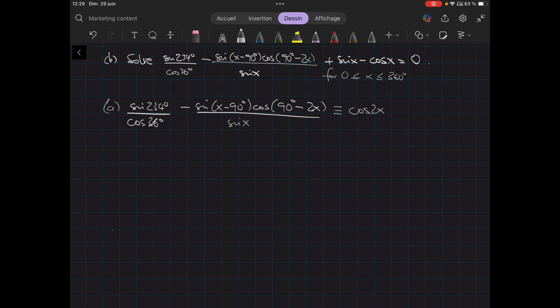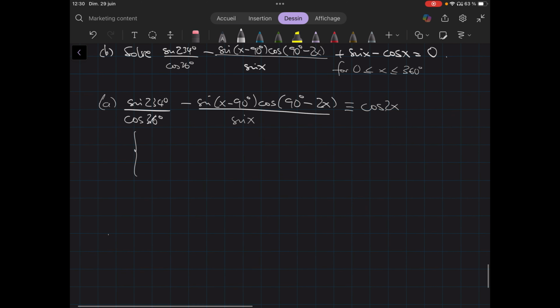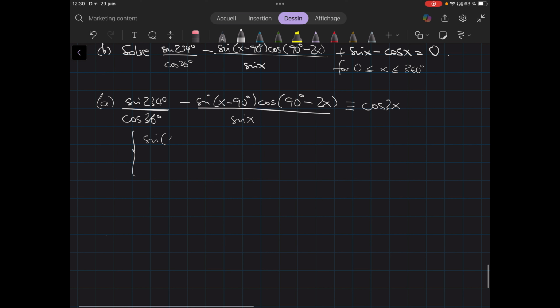There are a couple identities that I would like you to keep in mind. 1, sine of x plus 180 is equal to negative sine of x, and likewise, cos of x plus 180 is equal to negative cos of x. 2, sine of x is equal to cos of 90 degrees minus x.